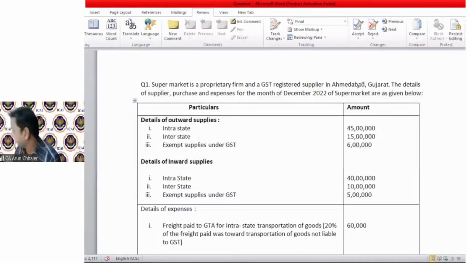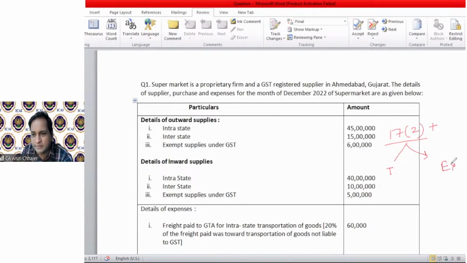Very true. That if I have the outward supply which is exempted and taxable, 17 subsection 2 would come into the picture, which says that if you have the outward supplies taxable as well as outward supply exempted, you need to reverse your common ITC, and for which we are going to refer two rules.